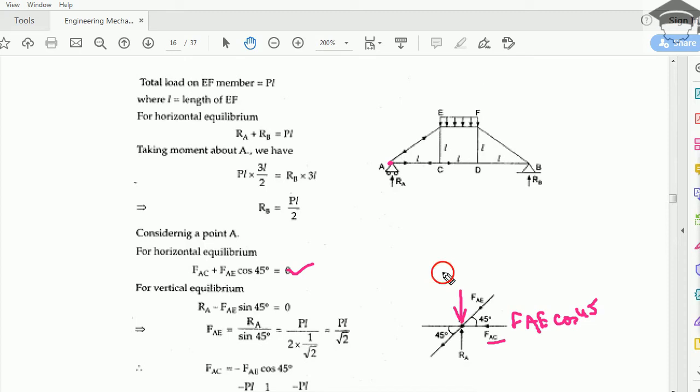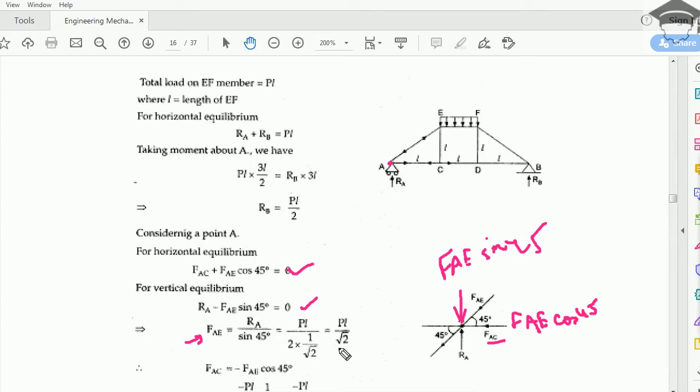From here you can get the value of FAE because you already know RA is equal to PL by 2. So FAE will be minus PL by 2 into sin 45, that is 1 by root 2. So this one, if you solve, it will be PL by root 2.